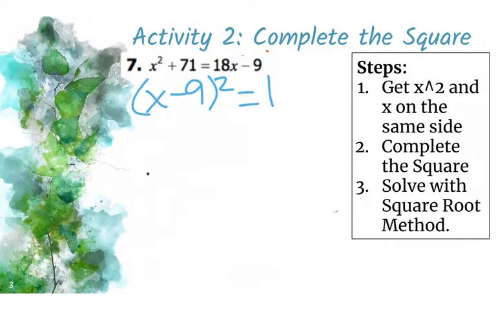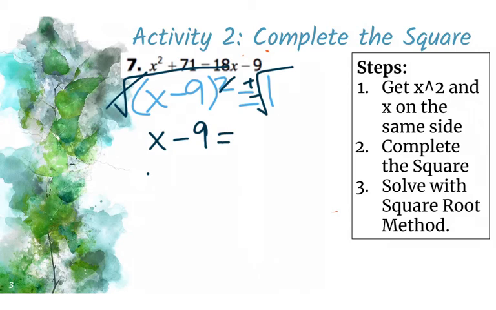All right, so I'm doing square root on both sides. Here I've got a positive and a -1. So the square and the square root cancel out, leaving me just with x minus 9 on this side. And over here, remember, 1 times 1 is 1, right?